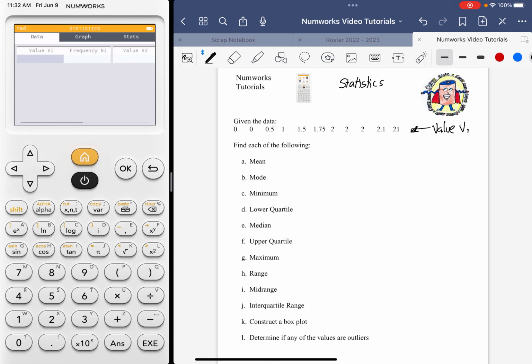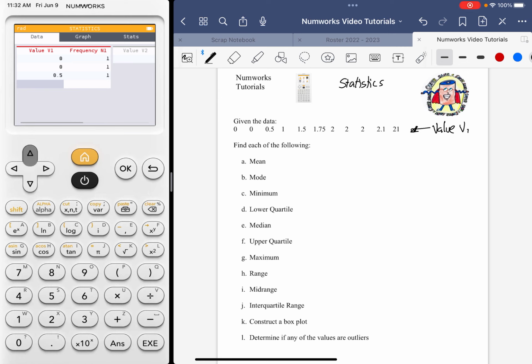The default is to put you in the first cell, so you just start typing 0, 0. You'll see for every value I type in, it provides a frequency of 1. That's saying that I just typed in one number, now another number, now another number, and so on. But if you recognize that you have common values, you could change the frequency.